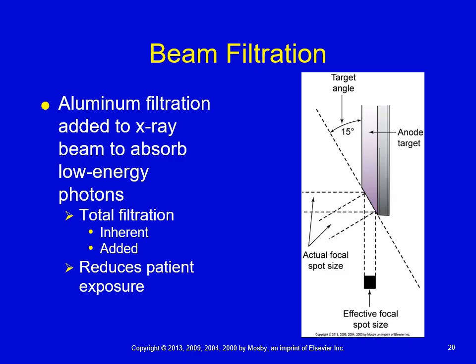So when we add those things up, the 2 millimeters of added plus the 0.5 of inherent, it comes up to a total of 2.5 millimeters of aluminum or aluminum equivalent. So that is the total filtration that our machines are required to have by law.